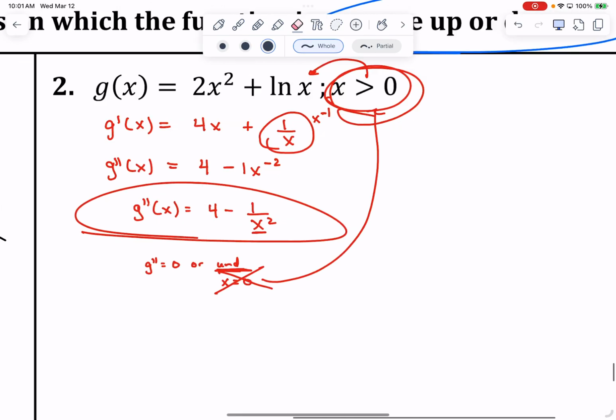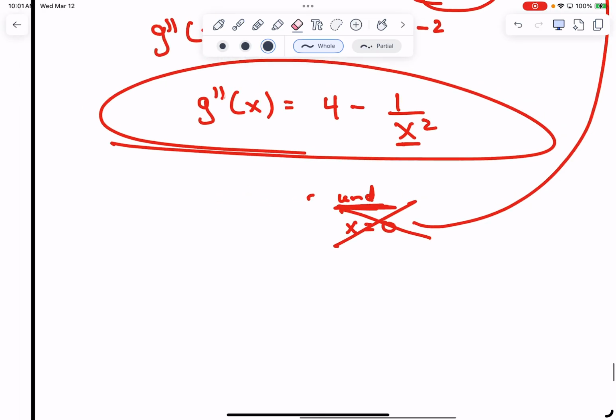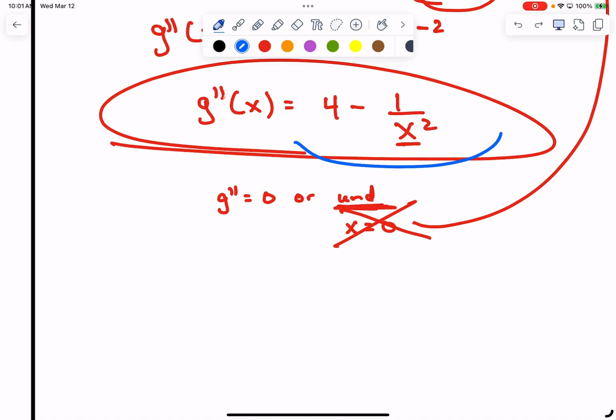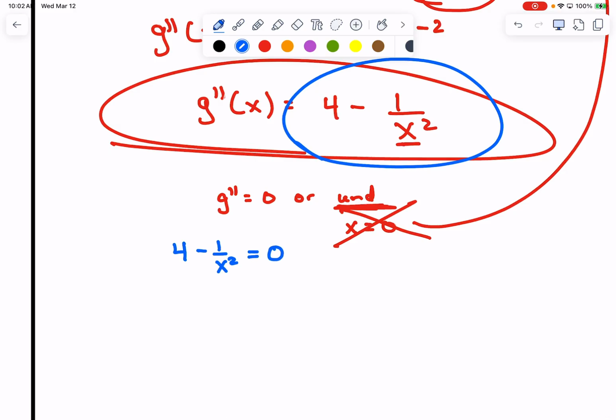All right, so moving on. G double prime is equal to 0. Where does G double prime equal 0? I'm going to have to figure that out. I'm going to have to take the equation 4 minus 1 over x squared, and I'm going to have to know how to do some algebra. I would move the negative 1 over x squared over. Let's just go ahead and make it positive. How many of you agree?